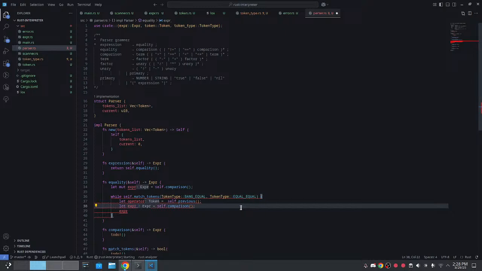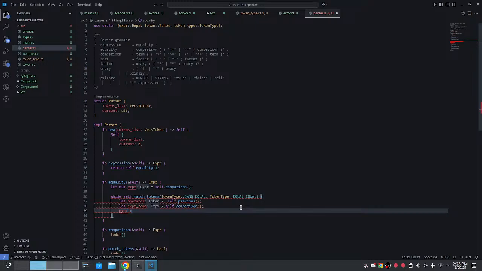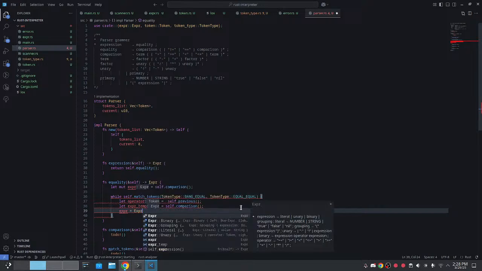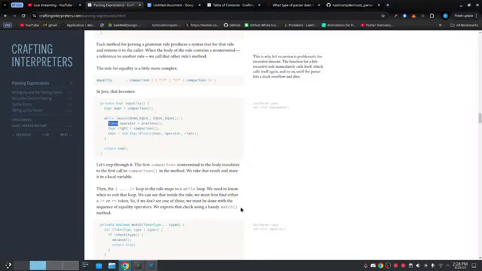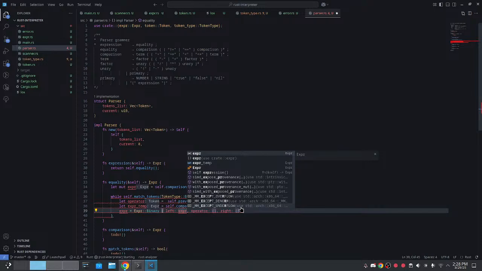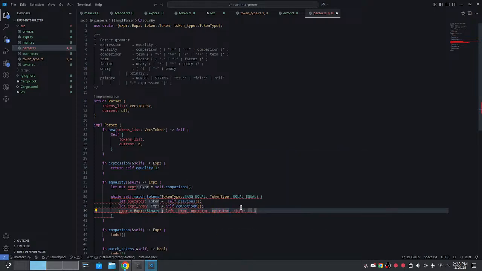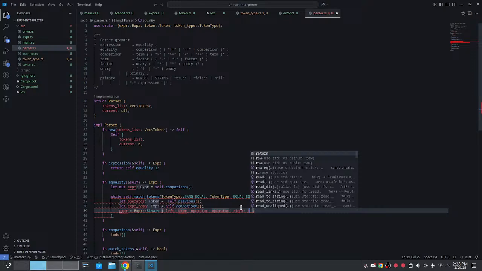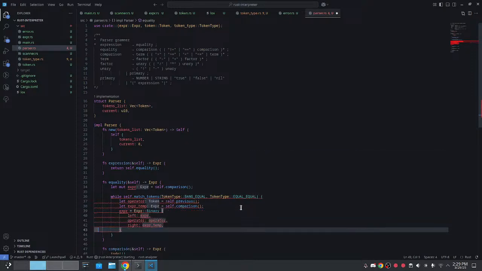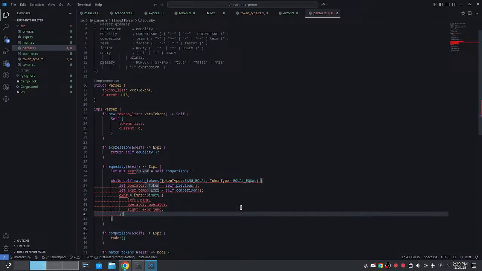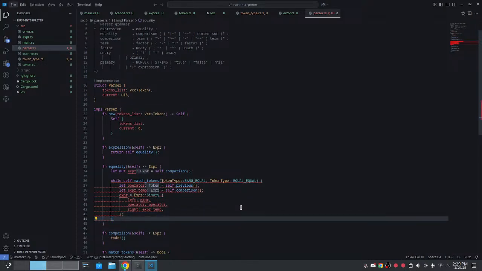This could be renamed expr underscore temp. expr equals expr binary. Left would be expr only, then operator, then the right would be expr underscore temp. Then we need to return.